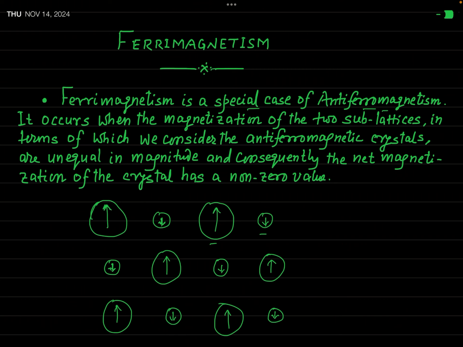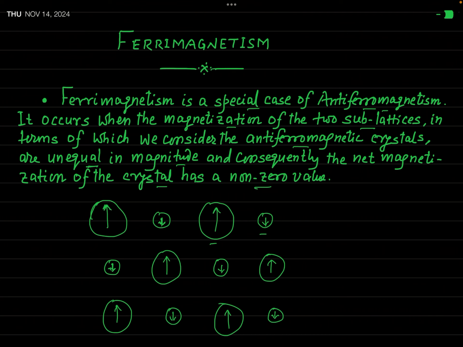It occurs when the magnetizations of the two sublattices, in terms of which we consider the antiferromagnetic crystals, are unequal. Mark it, these are unequal in magnitude, and consequently the net magnetization of the crystal has a non-zero value.